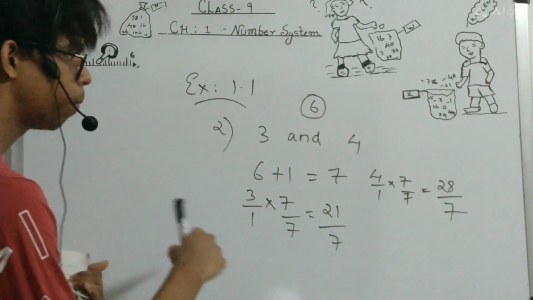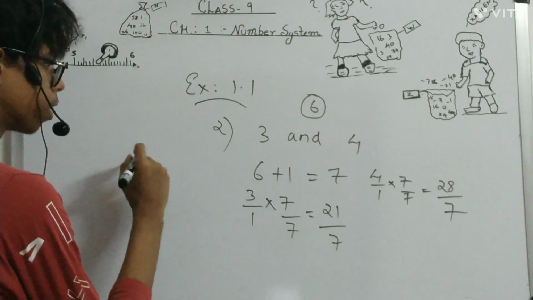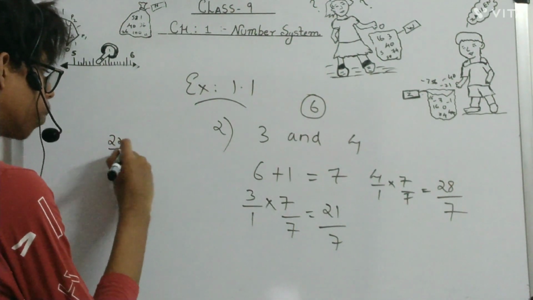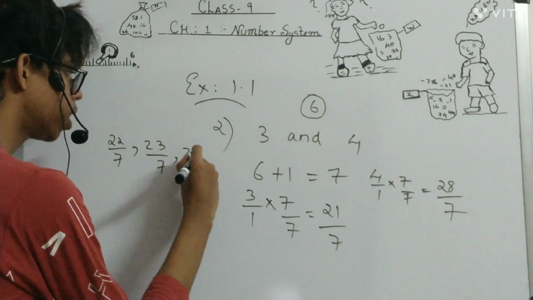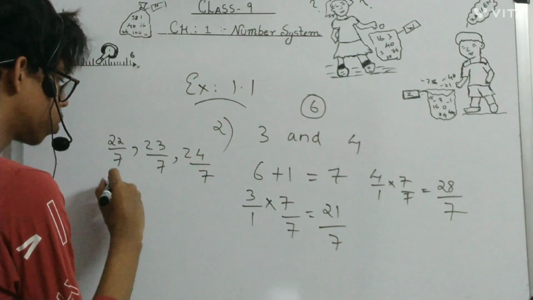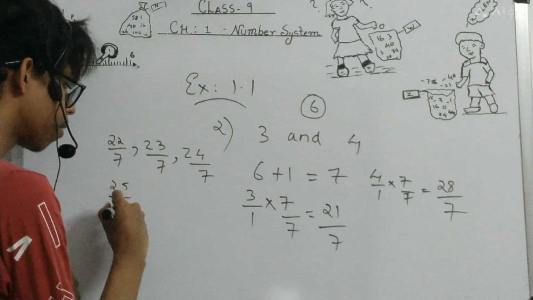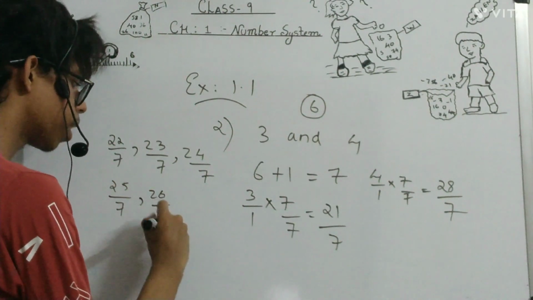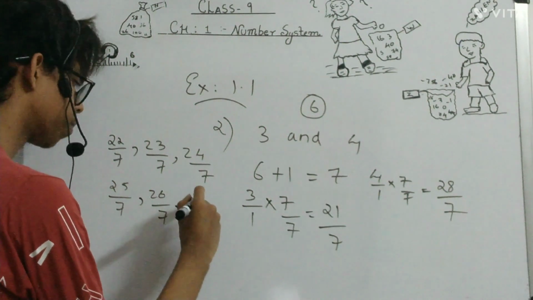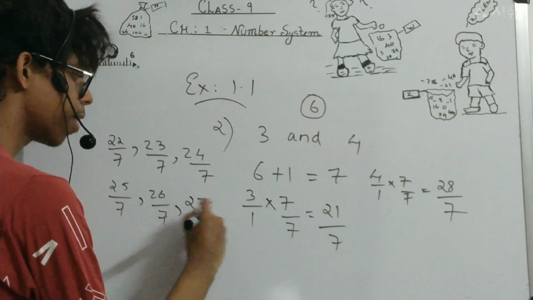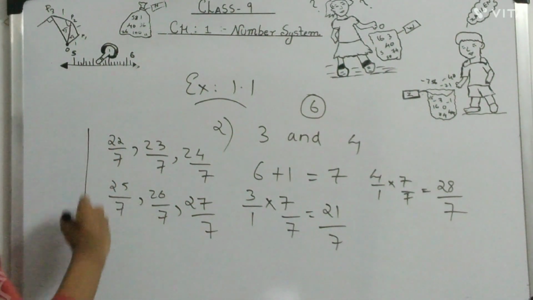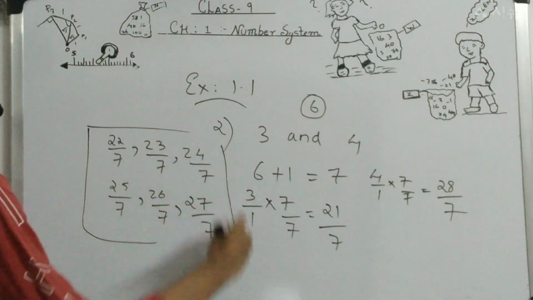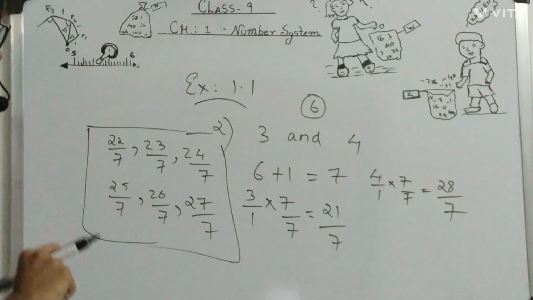So what will be my rational numbers? 22 by 7, 23 by 7, 24 by 7, 25 by 7, 26 by 7 and 27 by 7.